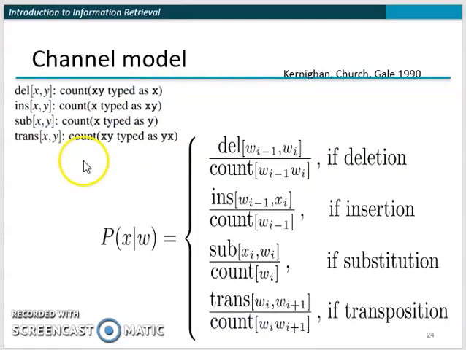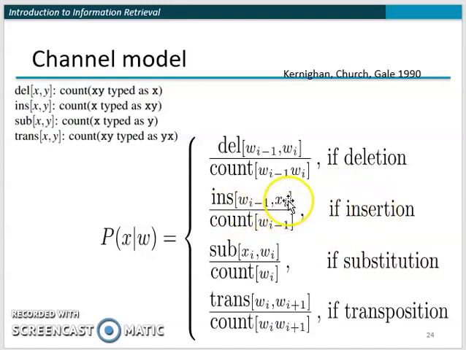Okay, now that we have these counts in our confusion matrix, now we need to compute this probability. So if the edit operation was deletion, we can compute this probability using this formula, and if it was insertion, then we have this formula, and for substitution it is this, and this one is for transposition. So let's discuss this insertion formula.